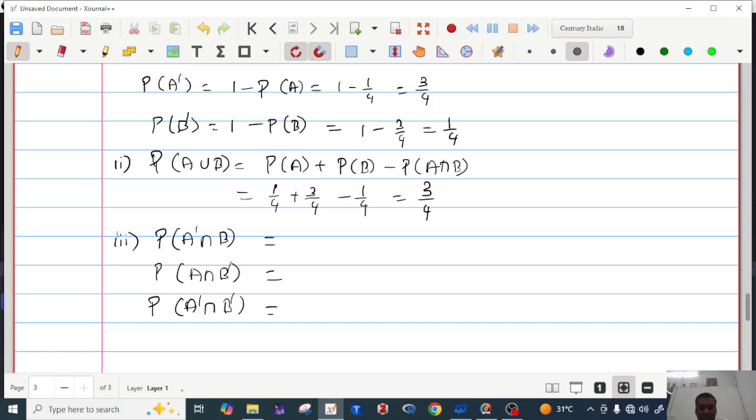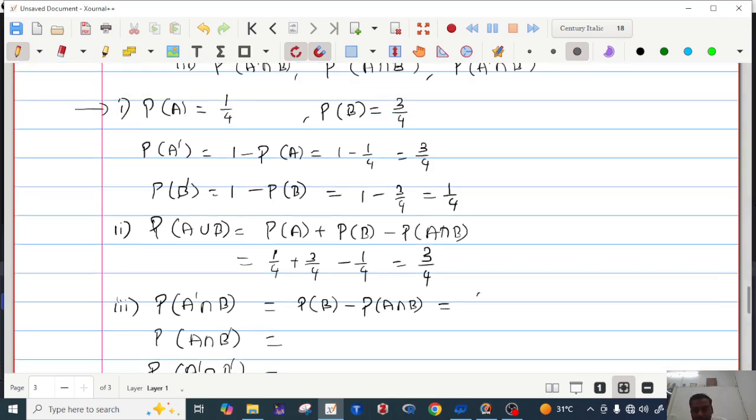Probability of A dash intersection B is equal to probability of B minus probability of A intersection B. Probability of B is 3 by 4, minus probability of A, which is 1 by 4: 3 by 4 minus 1 by 4, 2 by 4. Answer is 1 upon 2.